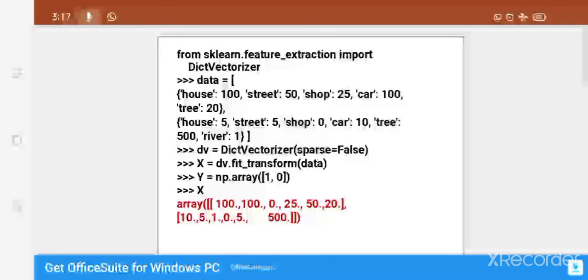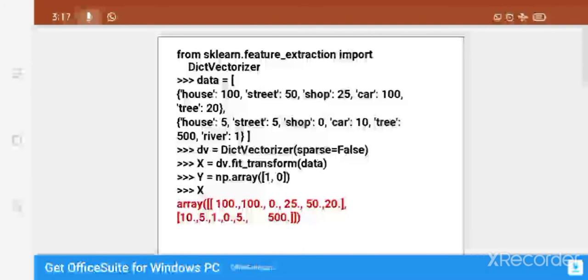So here is an example with two data sets. In the first: house 100, street 50, shop 25, car 100 and tree 20. In the second data: house 5, street 5, shop 0, car 10, trees 500, river 1.